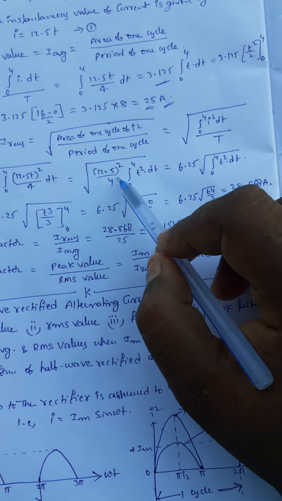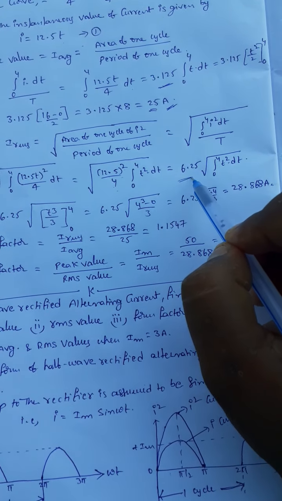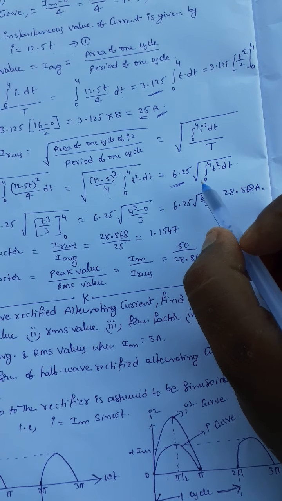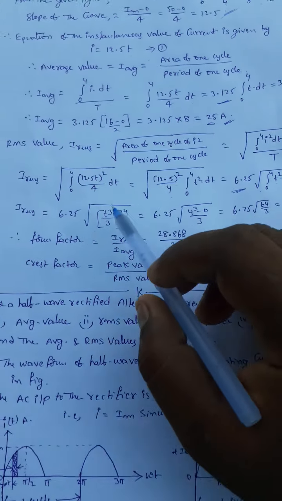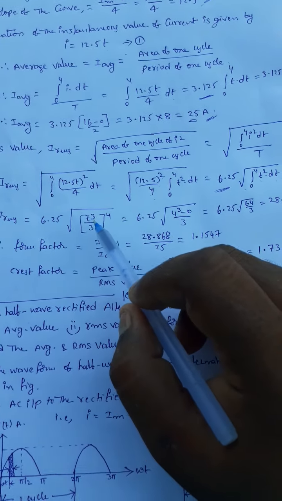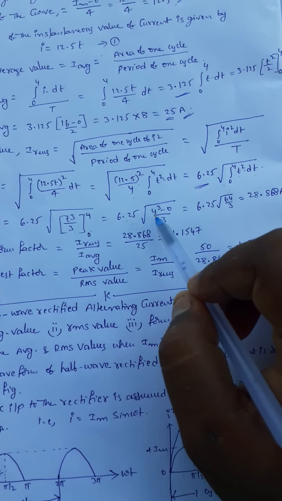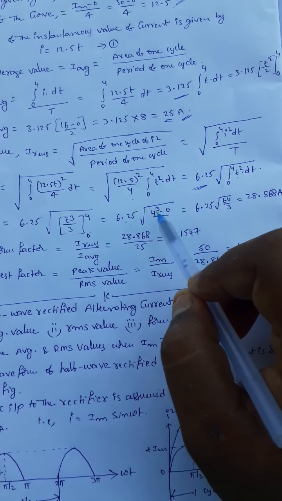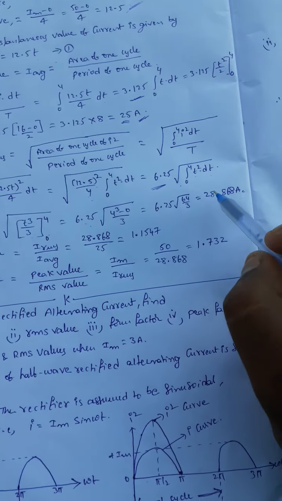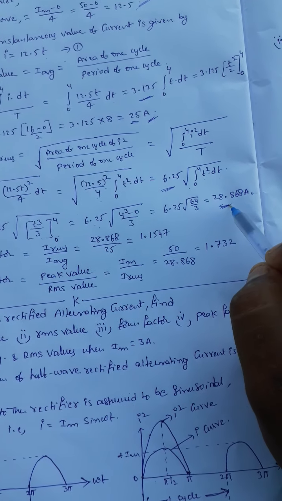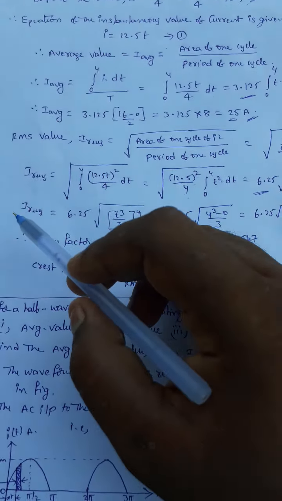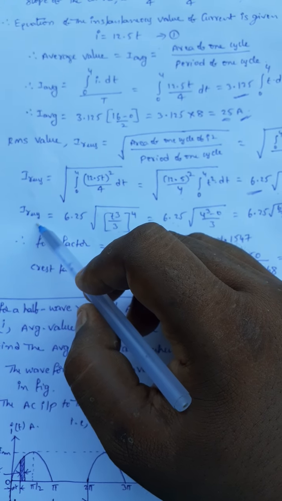The 6.25 comes out of the integration. So the integral between 0 to 4 of t square dt. So 6.25 into the square root of t cube by 3 between the limits 0 to 4, applying the limits, 4 cube minus 0 by 3. You will get the value 28.868. This is the I RMS value.